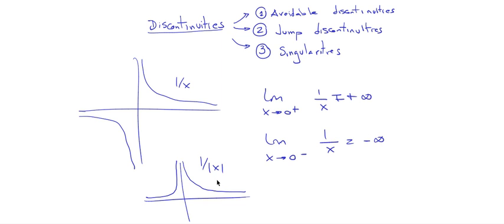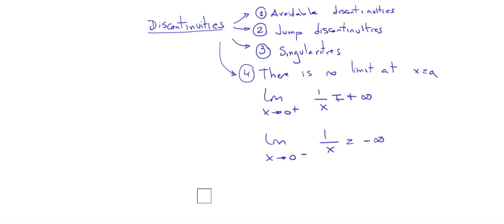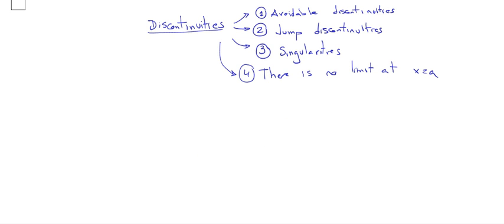Okay, so that's the 3 possible types of discontinuities, and well, also a fourth case, but this is less common, that there is no limit at x equals a. So, for instance, as we have seen, the limit when x goes to 0 of the sine of 1 over x doesn't exist, right?